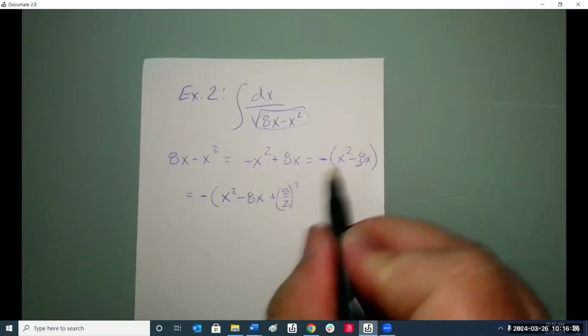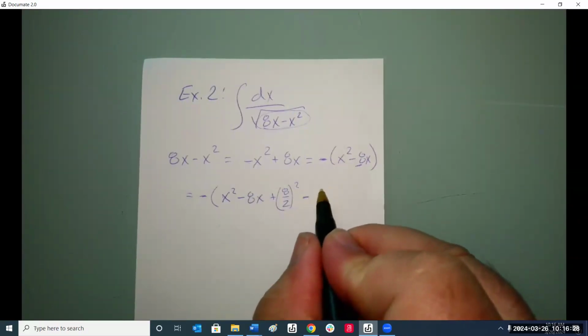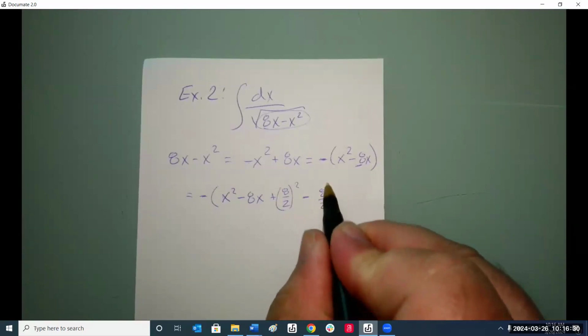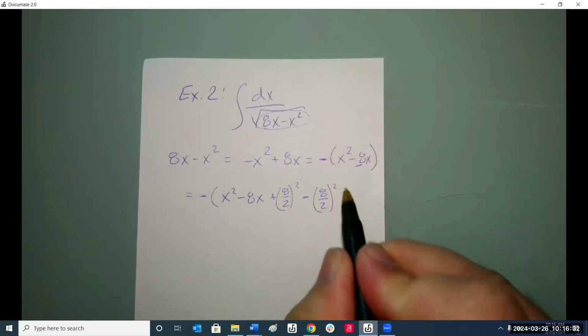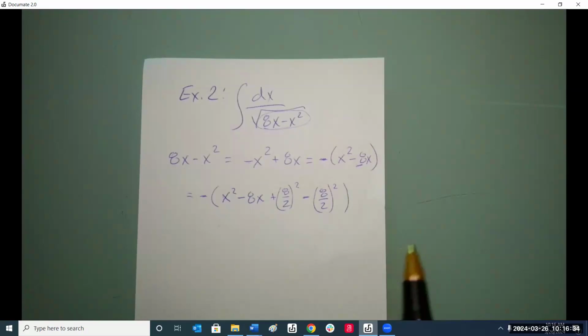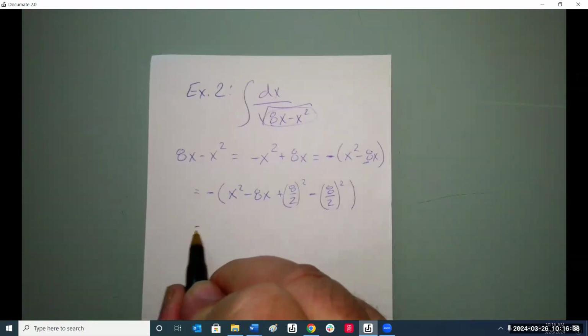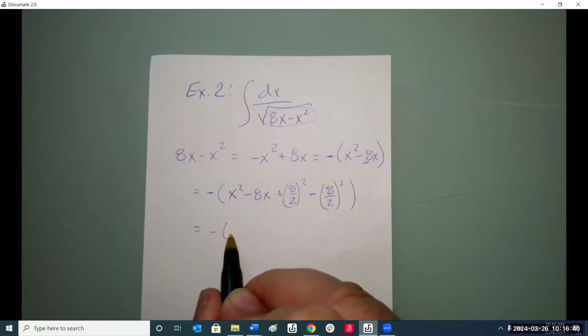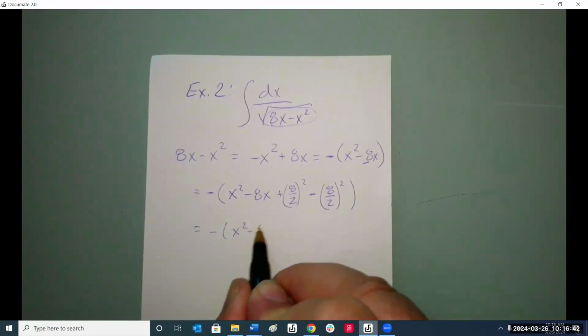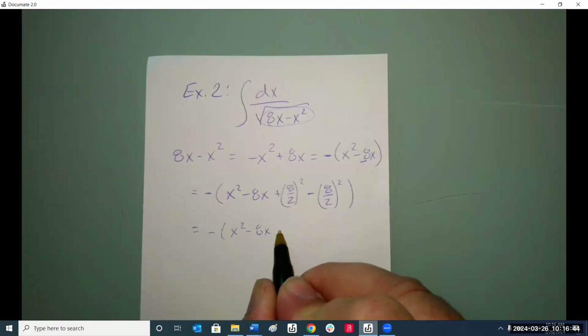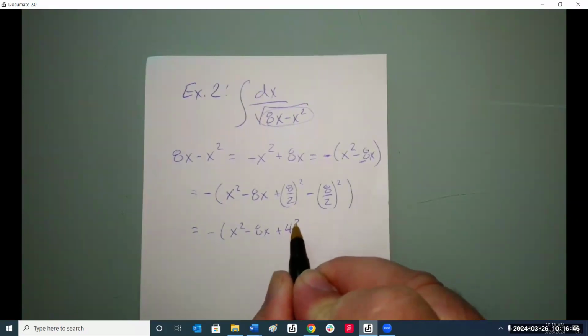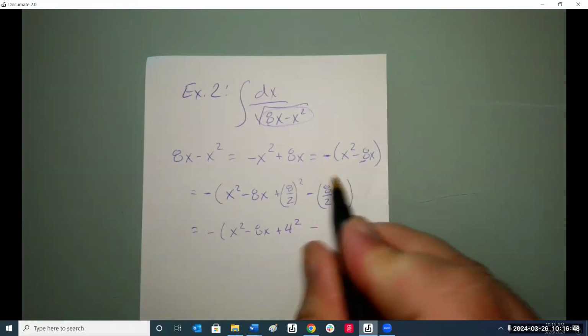Since it wasn't there before we added it, we also have to subtract it, because we can't change the equation, just change the way it looks. So we have negative x squared minus 8x plus 4 squared, and work this one all the way out.